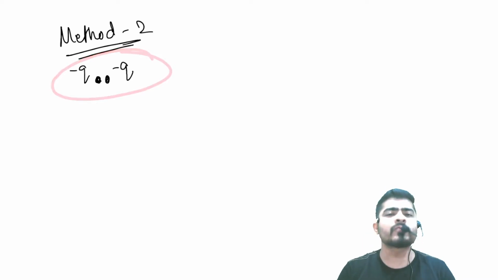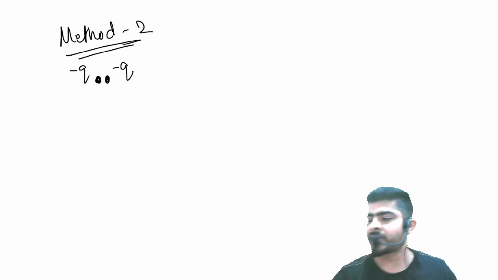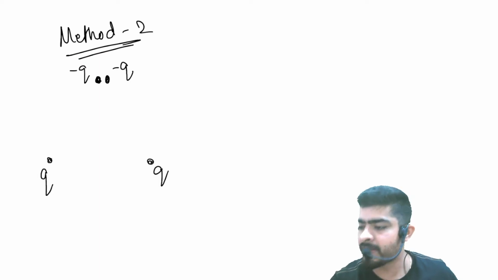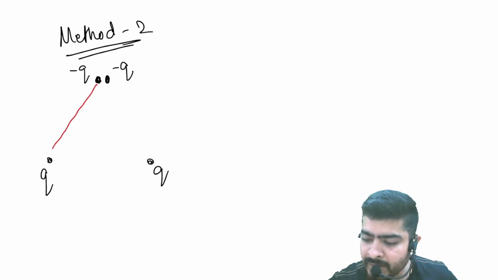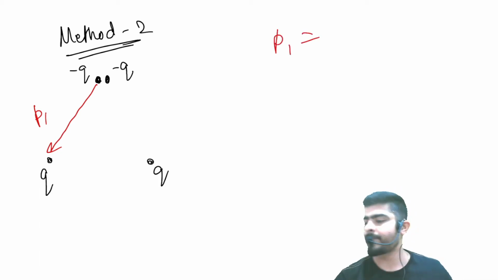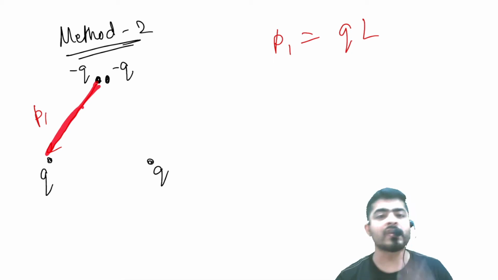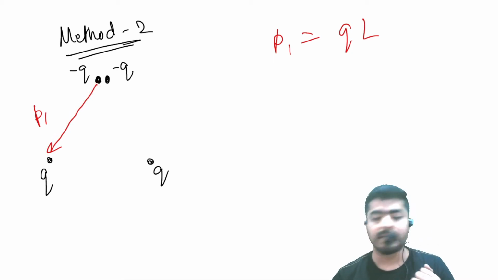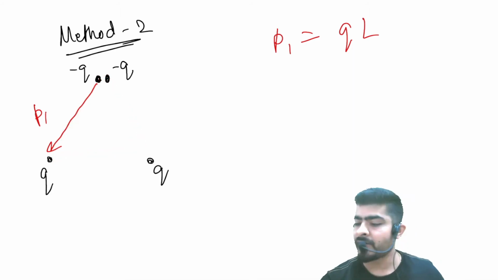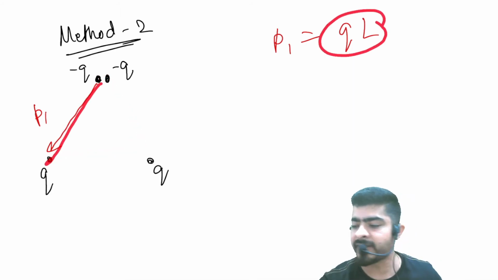Total is minus 2q, so I'm dividing it into minus q and minus q. Here I have got q charge, here I have got q charge. Then this is my dipole moment P1. So P1 will be how much? Q times L, because the distance over here is the length of the side of the equilateral triangle. Okay, so this length is equal to L, so dipole moment is QL.